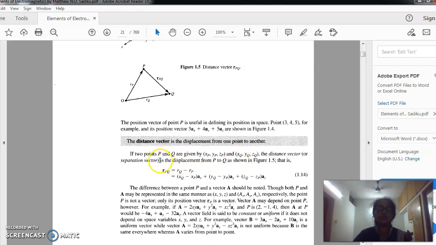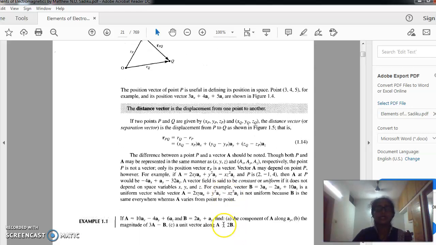Then the distance vector between these 2 points is RPQ equal to RQ minus RP. Look at the order. The terminal point is the first one, that is final ending point, RQ minus RP. So you just have to find the difference between x coordinates, y coordinates, z coordinates. So as written here. So learn this distance vector.